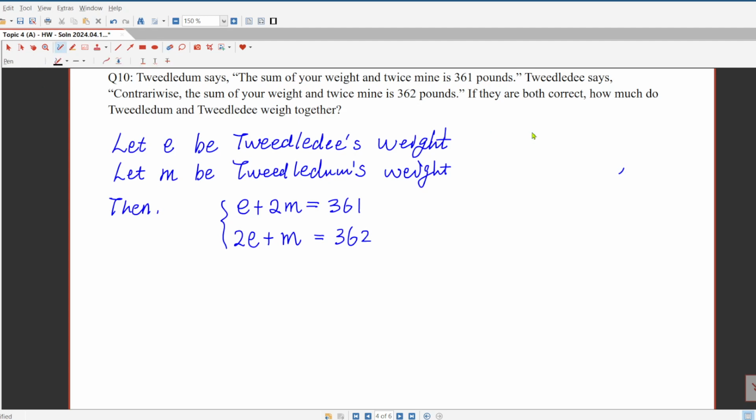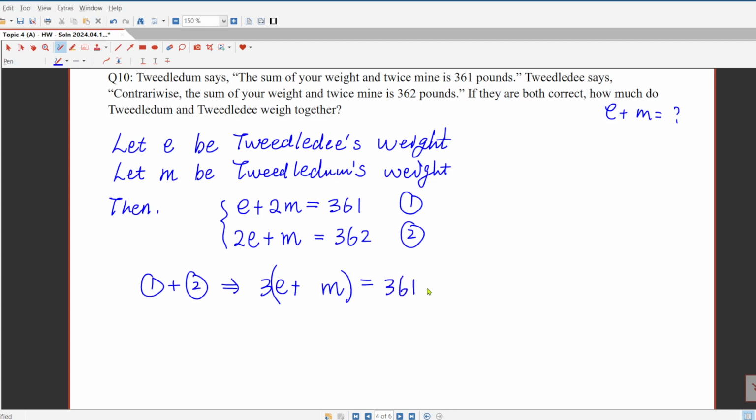Because the question only asks to find E plus M, we could use equation number 1 plus equation number 2. This will give us 3E plus 3M, which actually is 3 times E plus M, on the left side. The right side is simply 361 plus 362.